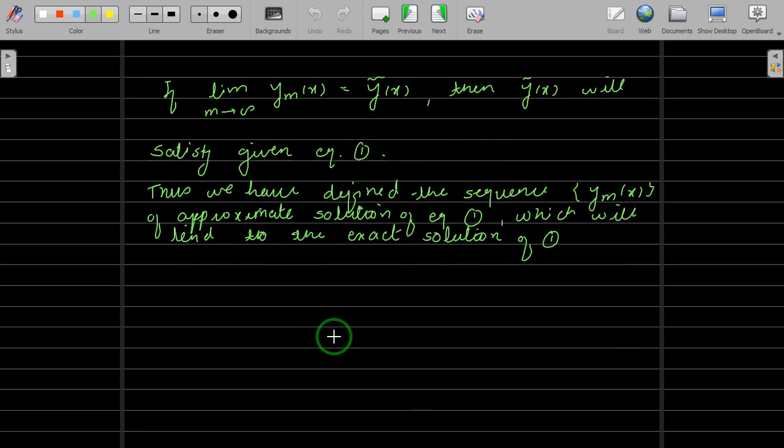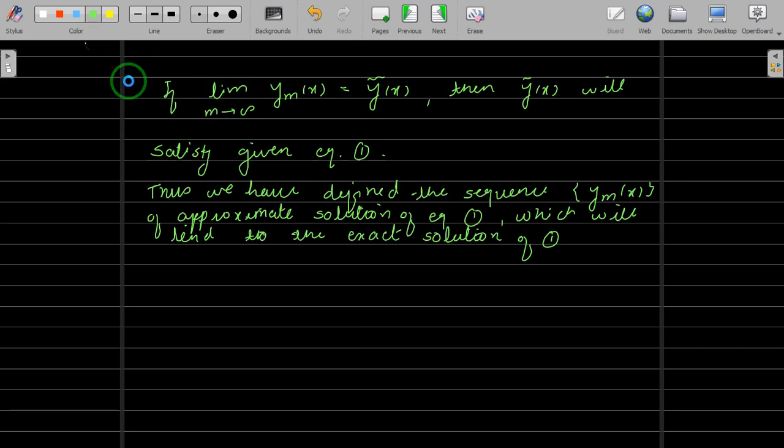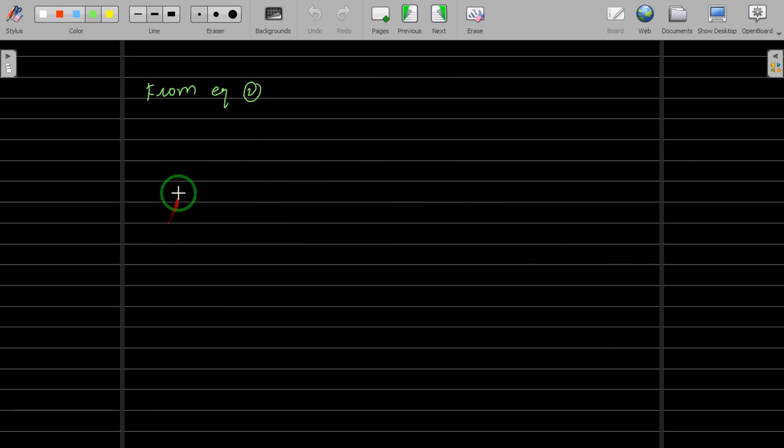So you take this equation 2 now. From equation 2, let me write the equation number 2. y2 of x is equal to f(x) plus lambda integral a to b k(x,t) y1(t) dt.